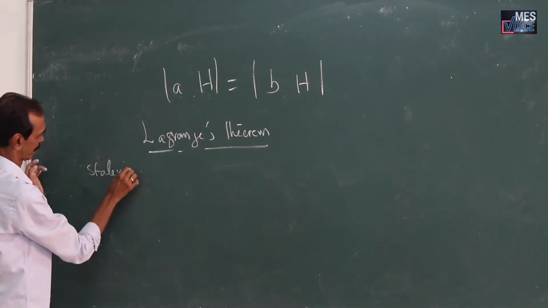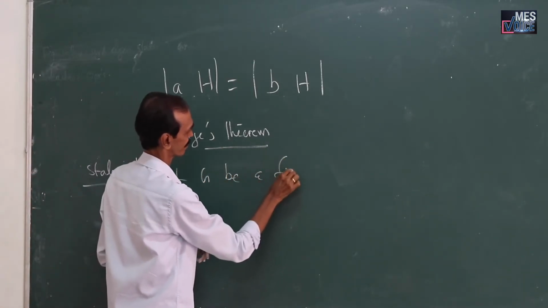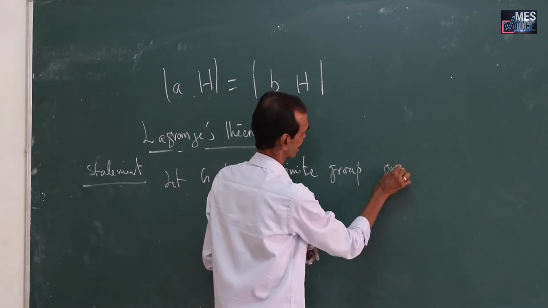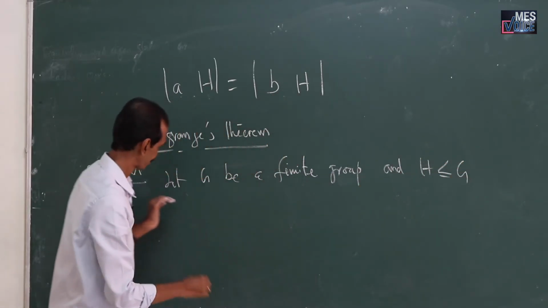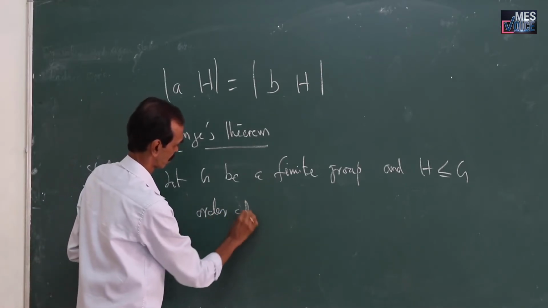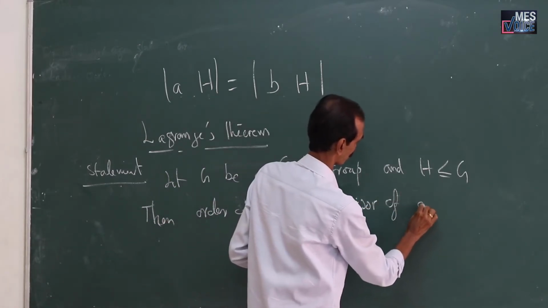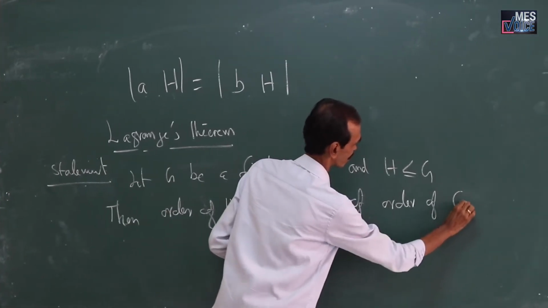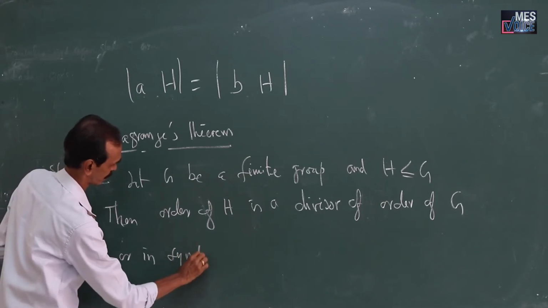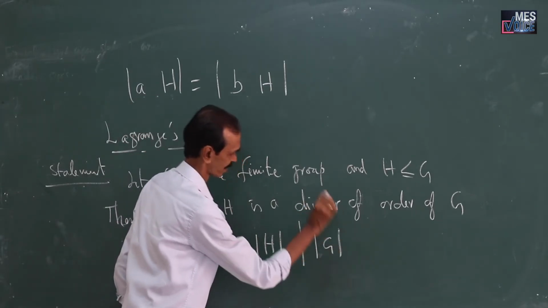Statement: Let G be a finite group, and H a subgroup of G. Then the order of H is a divisor of the order of G, or in symbols, the cardinality of H divides the cardinality of G.